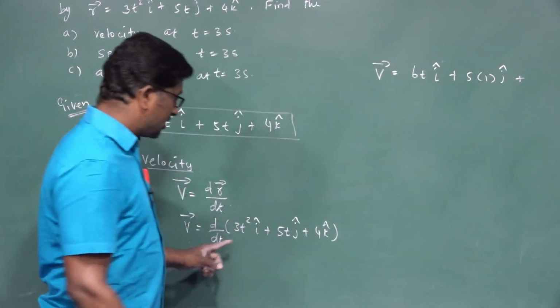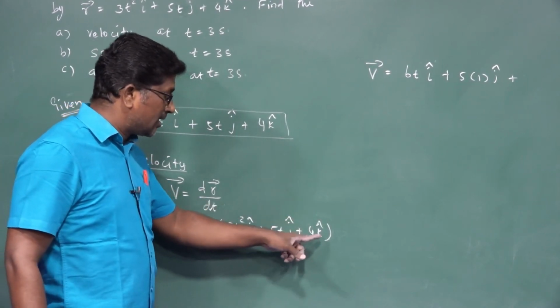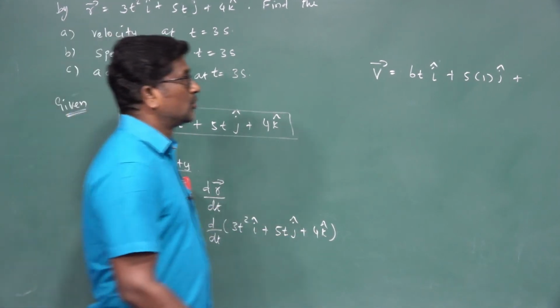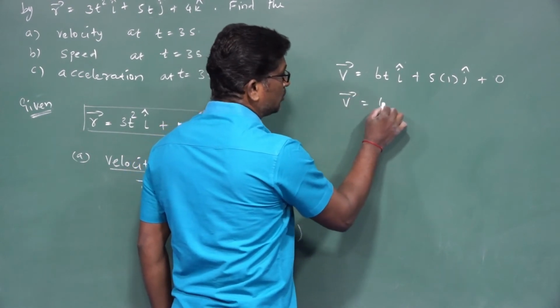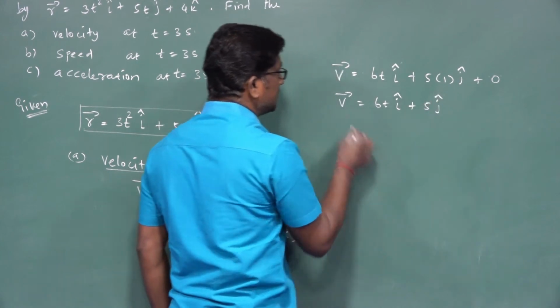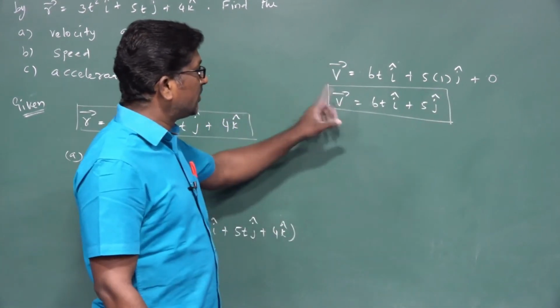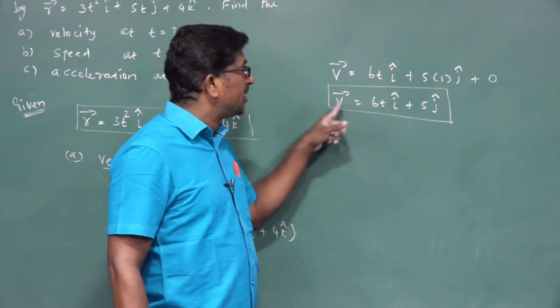Next, differentiate 4k cap. Here there is no time factor, so by differentiating in terms of time we get 0. So v vector is equal to 6t i cap plus 5 j cap.